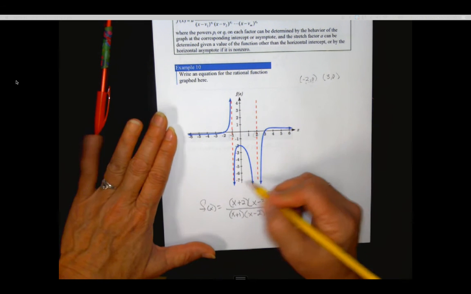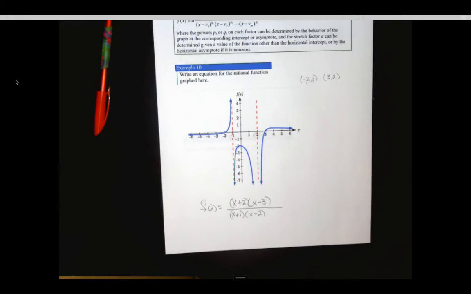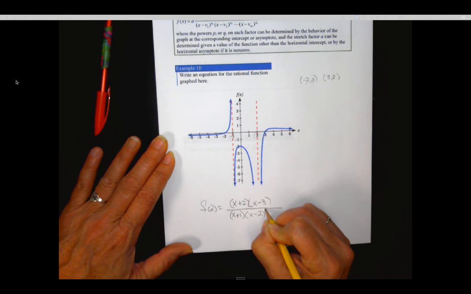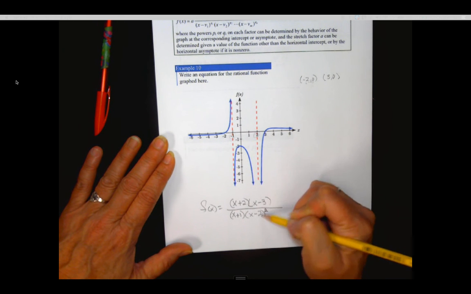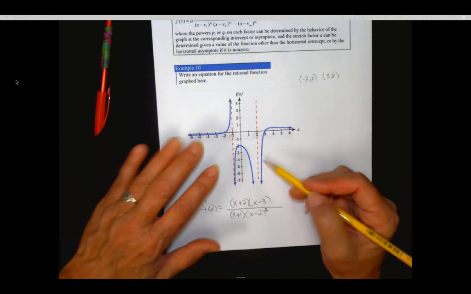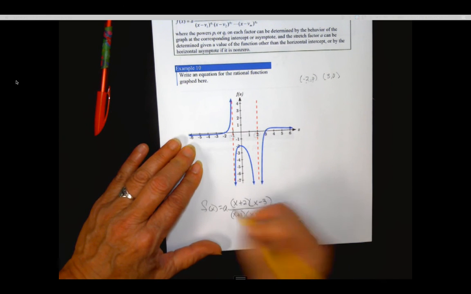By the way, this part right here is indicating a parabola, which is a squared function. So we would want to make that squared here at that x minus 2 asymptote.